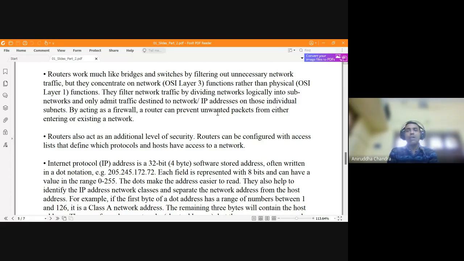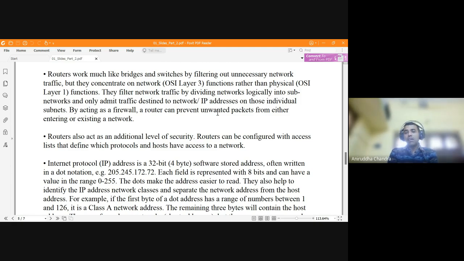OSI layers are open system interconnection layers, and they actually define the level of functionalities. What I mean is, suppose there are only two computers which have a capability of communicating via hub. So that's a layer 1 network. Then switch, it's a layer 2 network. Then with router, it's a layer 3 network. And this is how the sophistication increases.